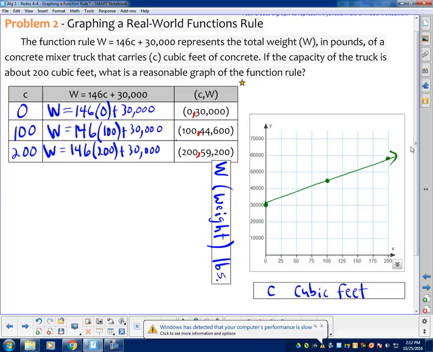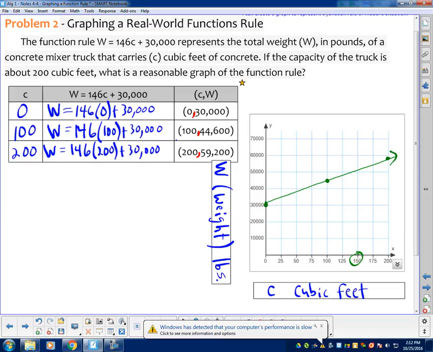So if I told you guys to estimate, listen carefully here, what is the weight of the truck if I have 150 cubic feet of concrete? Can you estimate off of your graph? Go ahead and graph it. So I'm going to go over to 150.